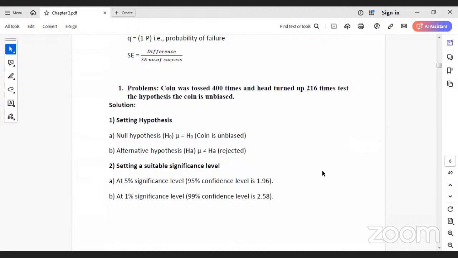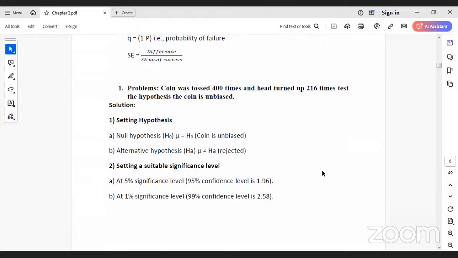Then the question is to test the hypothesis that the coin is unbiased. I have a doubt on the coin. Why? Because you tossed the coin 400 times, but got head 216 times. So we have to prove whether the coin is unbiased or not.